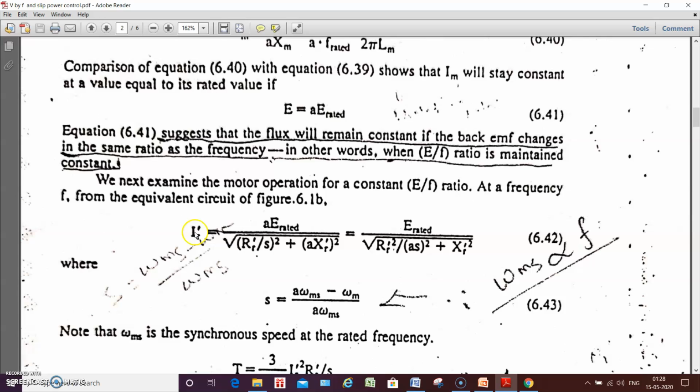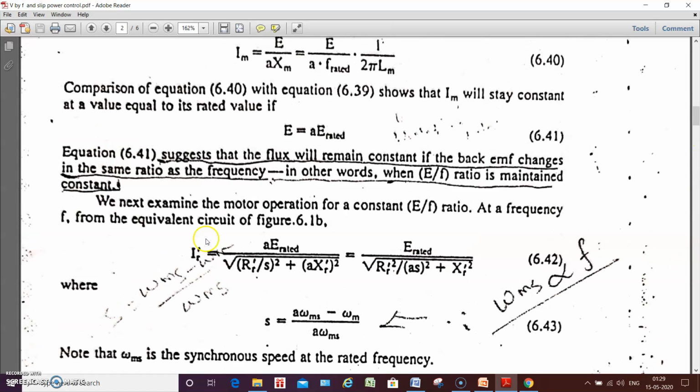If this IR dash, that is the rotor current with respect to the stator side, is kept constant, this parameter A also is going to be constant because all other parameters are constant here. So in this V by F ratio control, we are intentionally keeping this Im constant, and hence this IR dash is also becoming constant. So that means this AS is also constant in this method.